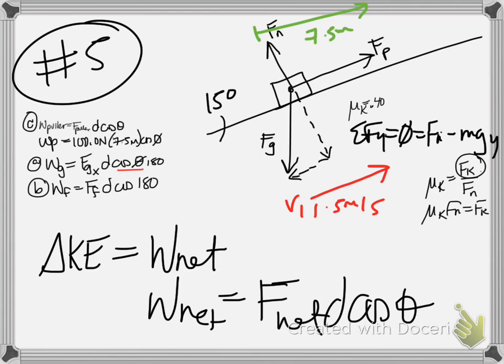You can go ahead and find the net force on the x-axis. You can also take all the work and add it up, because work works just like force. Where net force is the sum of forces, net work is the sum of work. So you can do that.